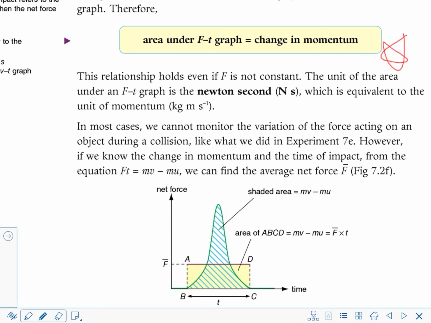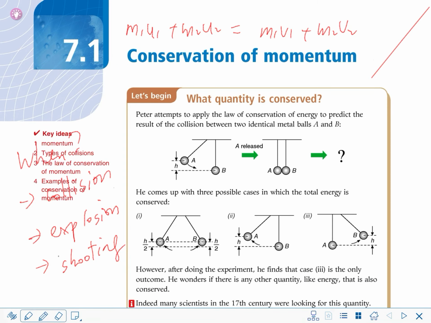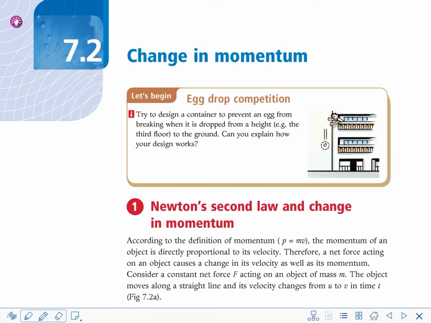You can see here, why will it be important? Imagine a car hits a wall, there is an accident. Without wearing a seatbelt, the driver has this FT graph.